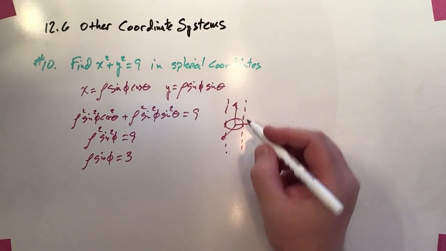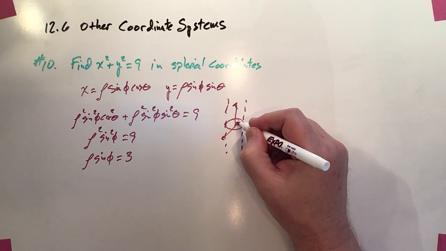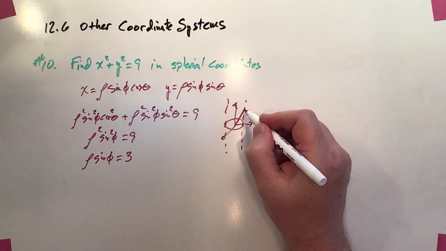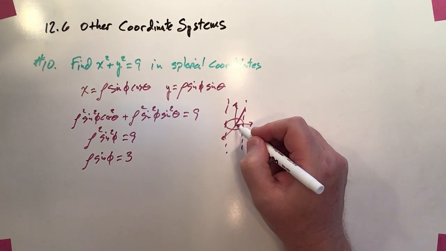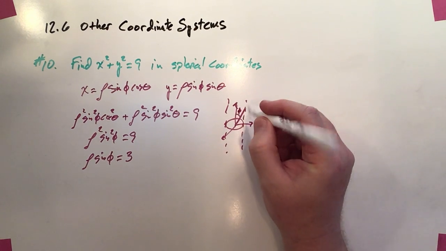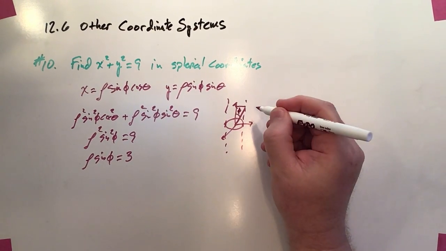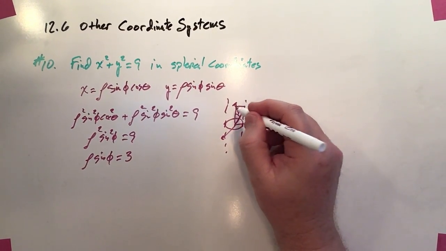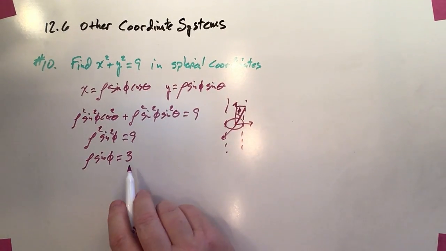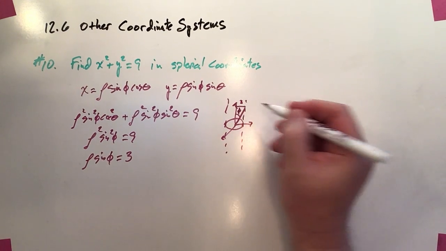It's basically saying that the hypotenuse that runs all the way out to the surface of the cylinder from the origin. Remember, this angle right here is phi. And if we look at it, the horizontal projection of that far side is going to represent the actual radius of the cylinder. This has to be 3.